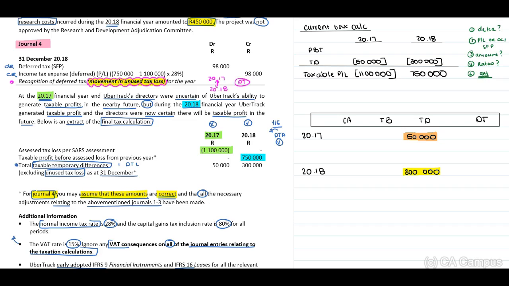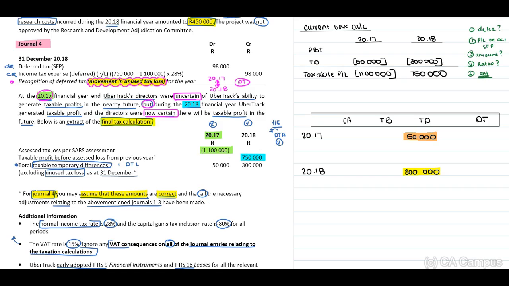This is your movement section. Right, now they've indicated to us, guys, at the end of 20.17, they were uncertain about any future taxable income, but during 20.18, they now became certain. And then they provide us with a final tax calculation.